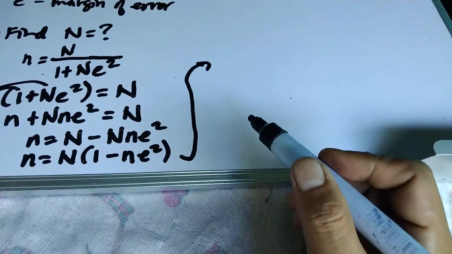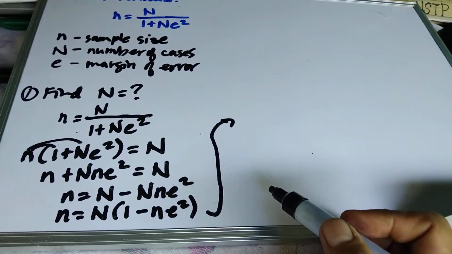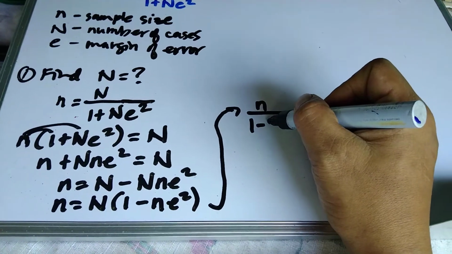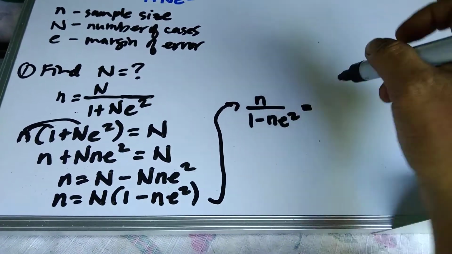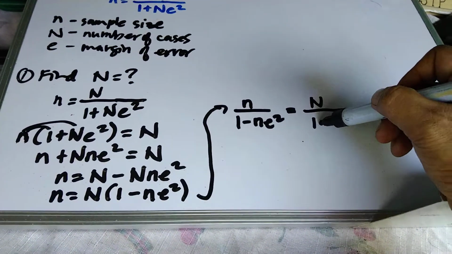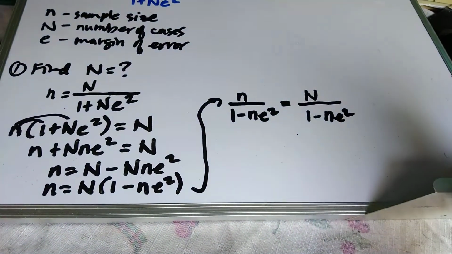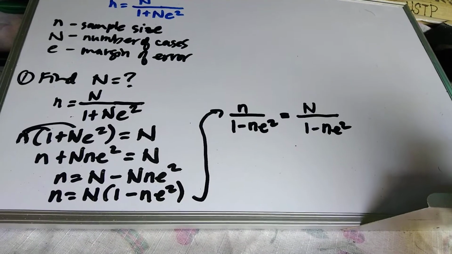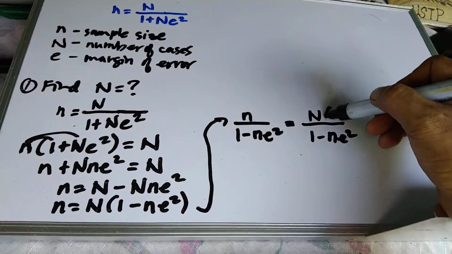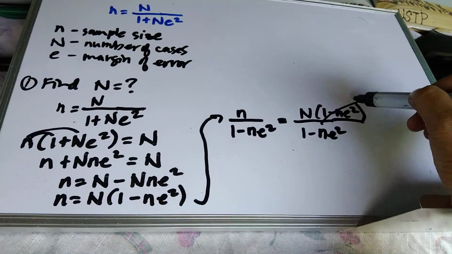Okay, let's continue. Now we will divide, simple as that. We will divide both sides by 1 minus n e squared, so n over 1 minus n e squared is equal to capital N. Okay, it cancels.